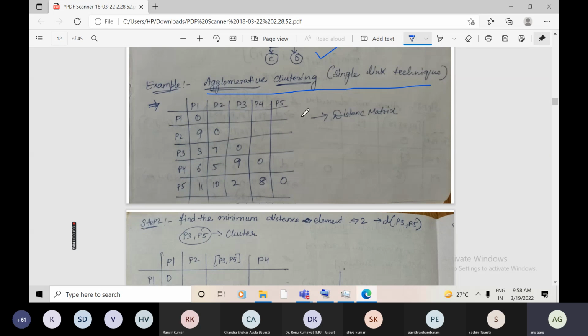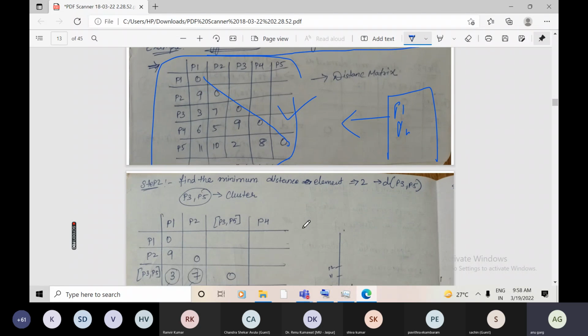First you have to draw your distance matrix. Some points will be given, like P1, P2, P3, P4. Based on that table, first you need to draw your distance matrix. You need to find the distance between P1 and P2, P2 and P3. The diagonal elements will be 0 because the distance from itself is 0. You need not write the upper values, just write the lower triangular values.